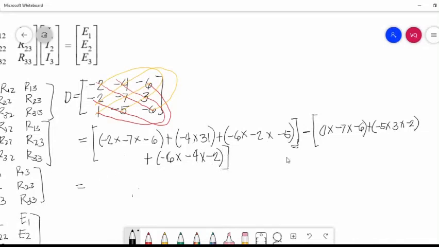So simplifying this, it will result to negative 180. So this is the value of our determinant.